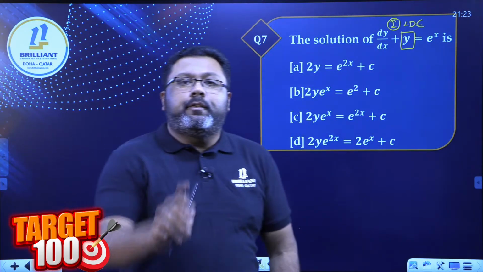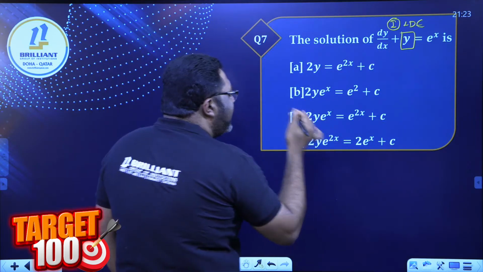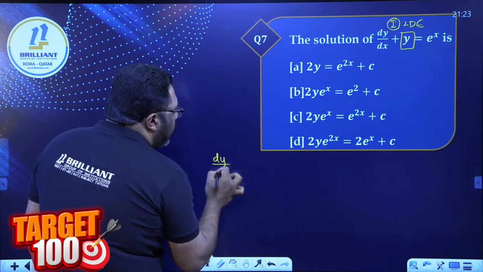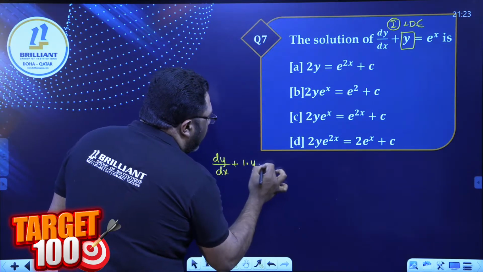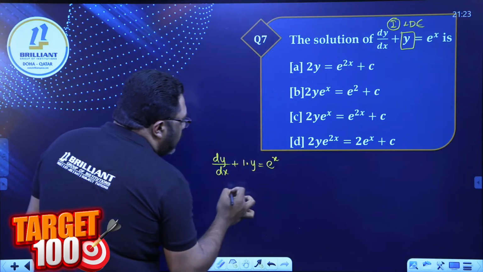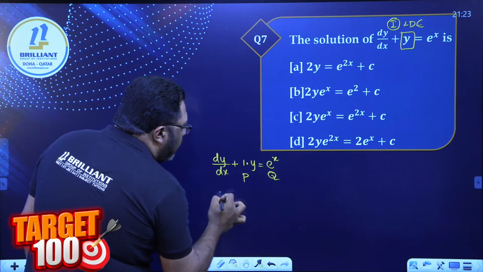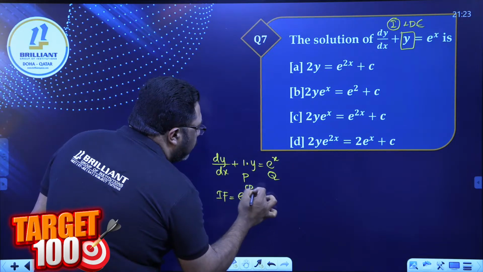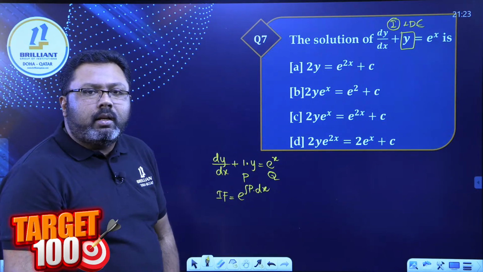It is the first type of LDE, and in the first type of LDE it's already in the required form. You have no headache. It's 1y equal to e raised to x. So if I say this is p and this is q, my integrating factor is e raised to integral p dx.